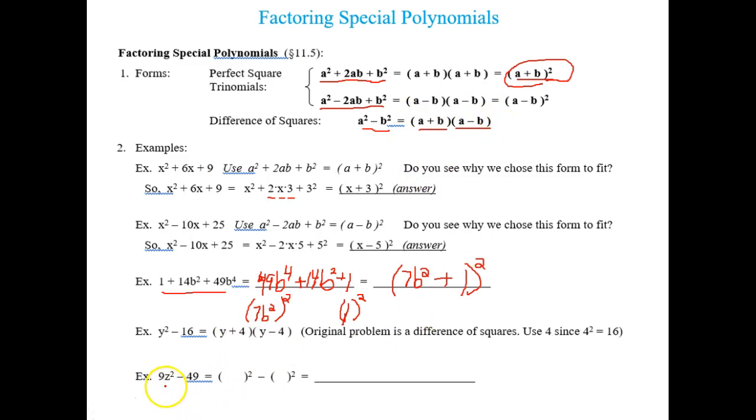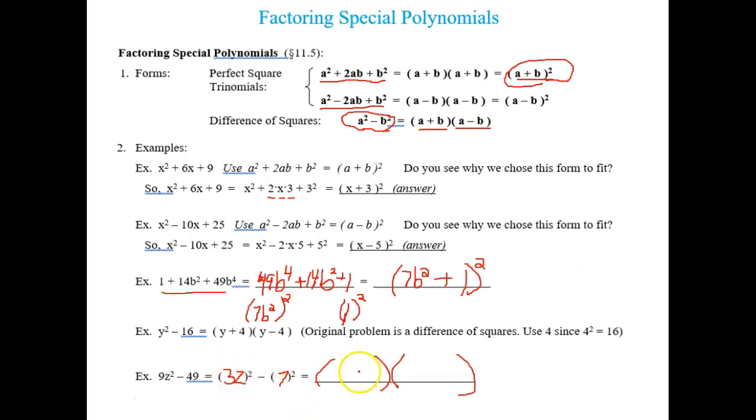In the last example, what squared would give you 9z squared? Well, it would be 3z squared, which would be the same as 9z squared. And what squared would give you 49? Well, that would be 7 squared. So now we have it in the form of a squared minus b squared. And so we're going to write a plus b times a minus b.